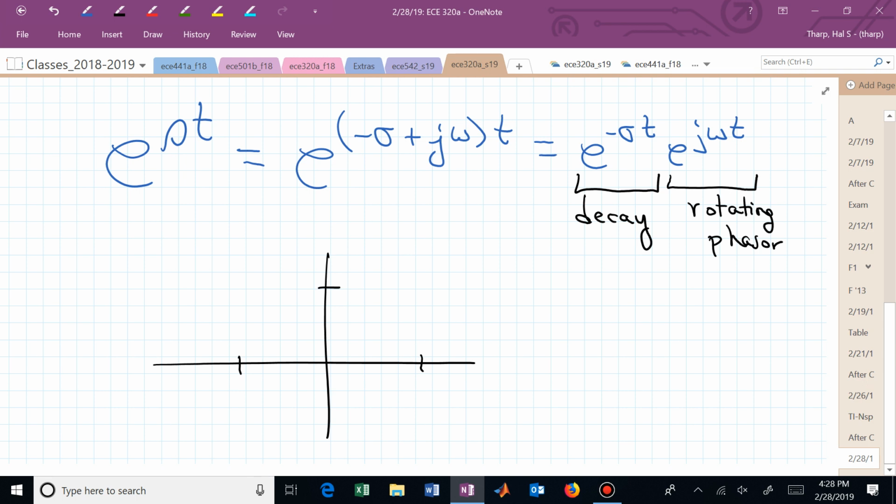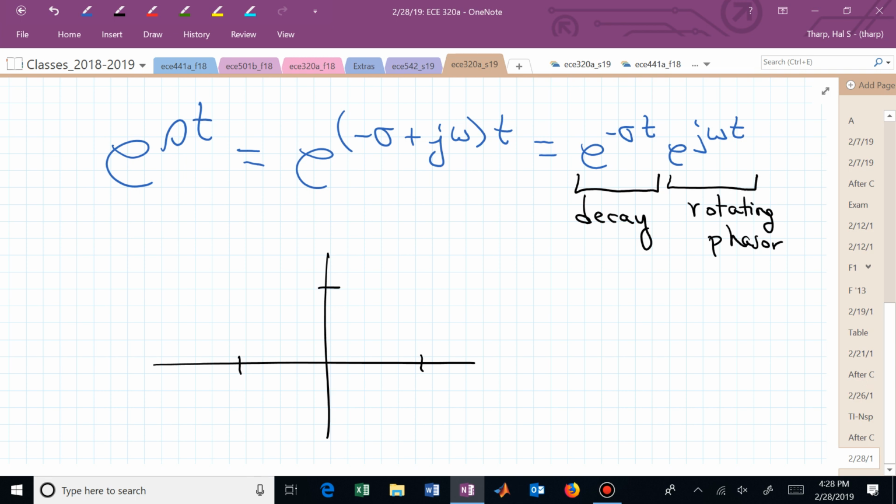Euler allows me to rewrite that in rectangular form as a cosine and a sine. This is now cosine omega t plus j sine omega t. And if I look at the magnitude of that, I have cosine squared omega t plus sine squared omega t. I have cosine squared plus sine squared of the same argument, 1.